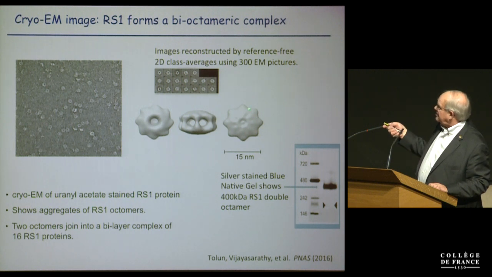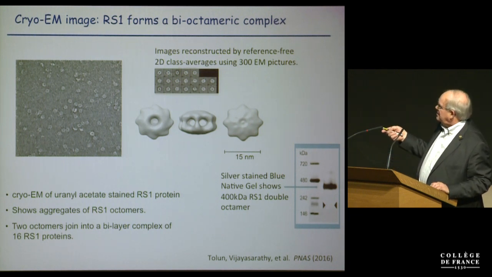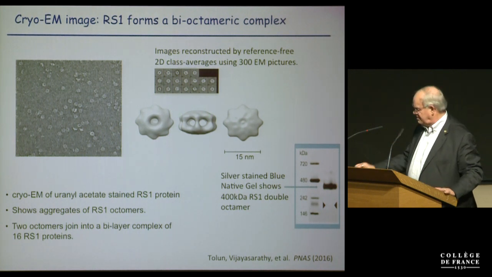The global size of this macromolecule is about 15 nanometers. And the molecule assembles with 8 retinoschisin proteins connected together. 1, 2, 3, 4, 5, 6, 7, 8. And then on top of those 8 is a second 8, and somehow they are joined together.